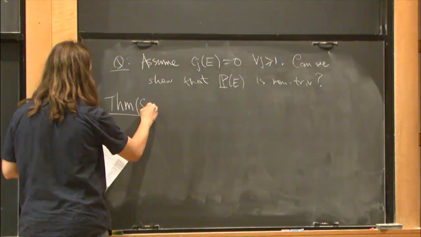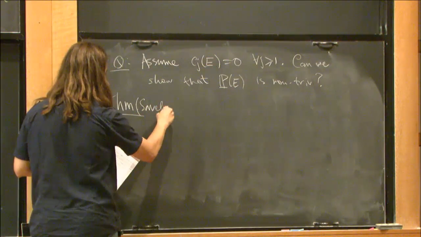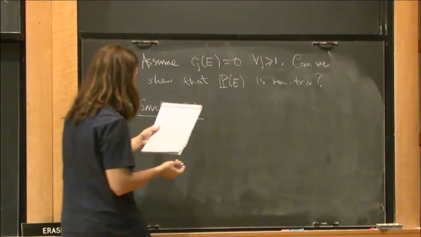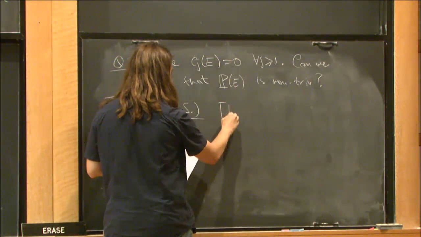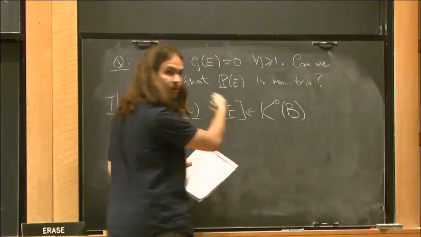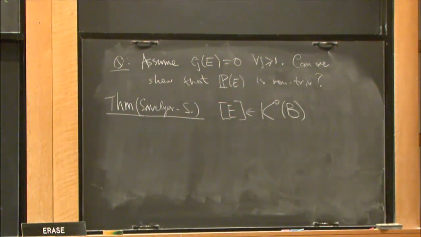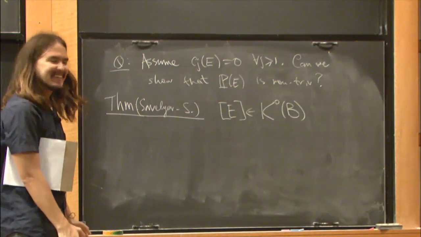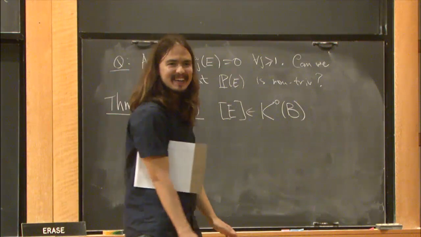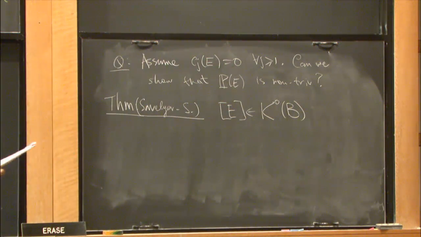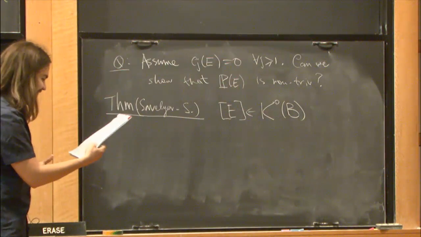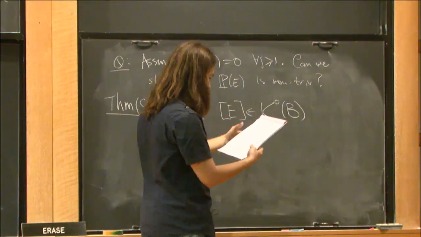In certain cases. So take the class of E in K theory. Octave talked about K theory; this is a slightly different K theory. This is the usual K theory of vector bundles. Well, okay, it's the same K theory. And so take this class.